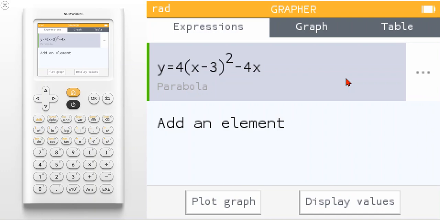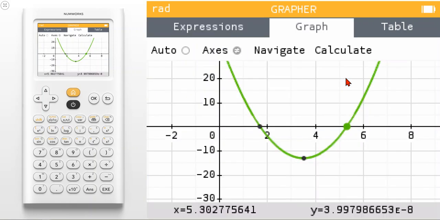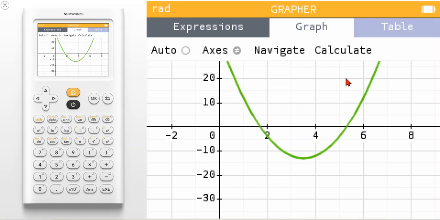Because if I were to come to the grapher, I would be able to say, hey, let's look at my parabola. And I want to find out when that parabola is going to be equal to 0. And I could plot the graph of my parabola and be able to find, oh, okay, well, I'm going to be equal to 0 at this value, which happens to be 1.70, and over at this value, which happens to be 5.30, not giving the answer to three significant figures, but I can see those values, right?